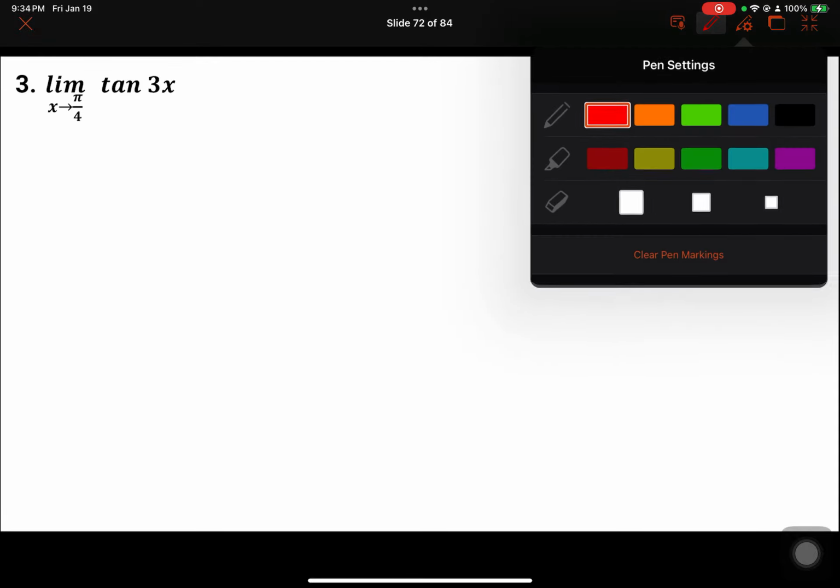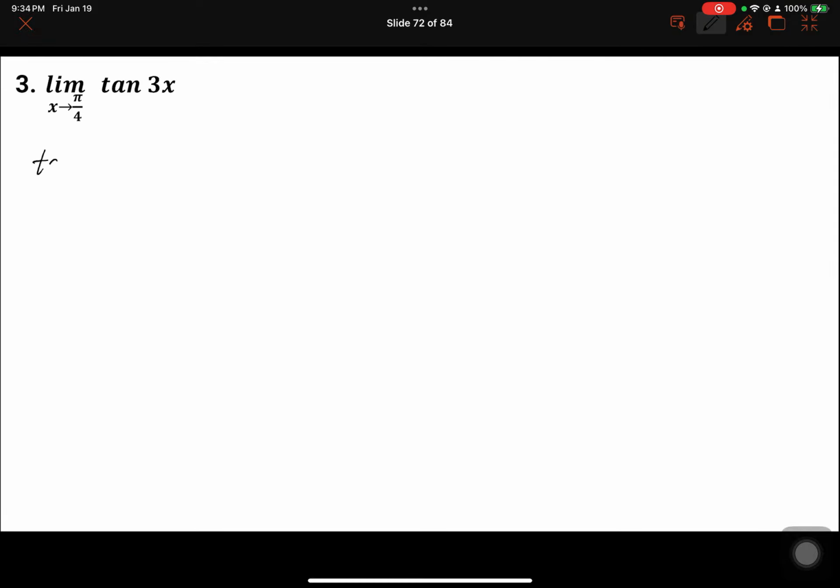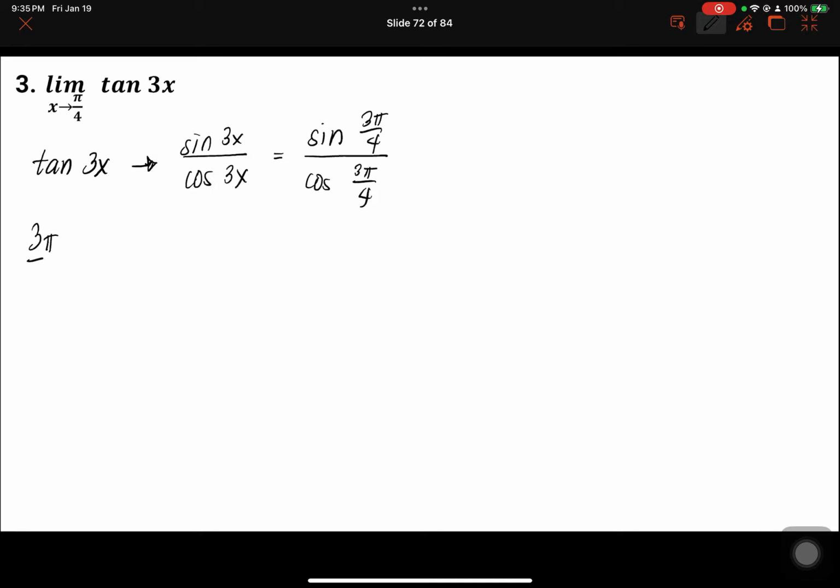So, let's have the tangent 3x. So, let's find first the identity na meron tayo dito. If you can recall the quotient, so magiging sin 3x over cosine 3x na to. Then, substituting the pi, so magiging sin 3 pi over 4 and cosine 3 pi over 4. 3 pi over 4, so paano ba kukunin yan in degrees?